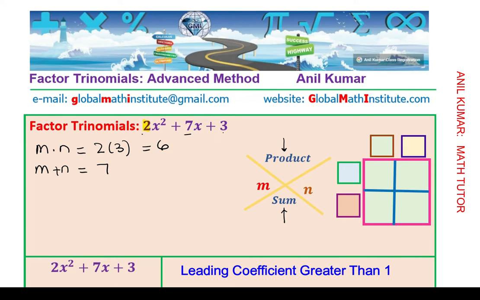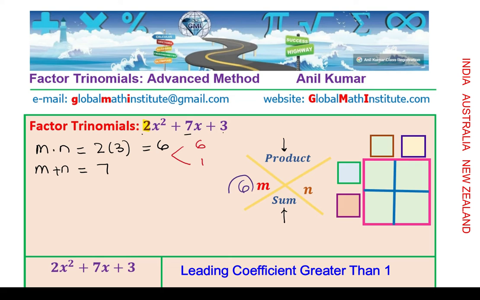So the combination which can help us give both the results is, of course, 6 times 1, right? 6 and 1. So that clearly gives us that the value of m we can write as 6 and the value of n can be written as 1. So we basically have split 7x into 6 and 1, correct?